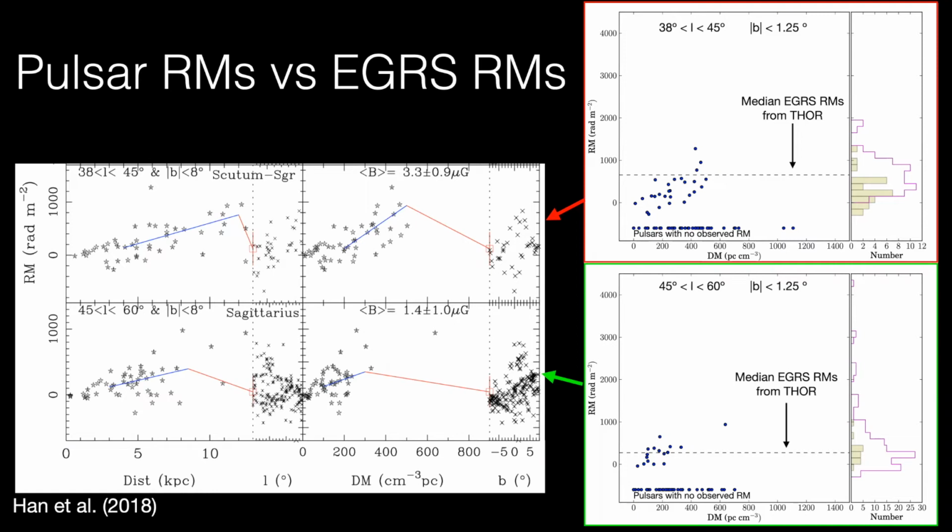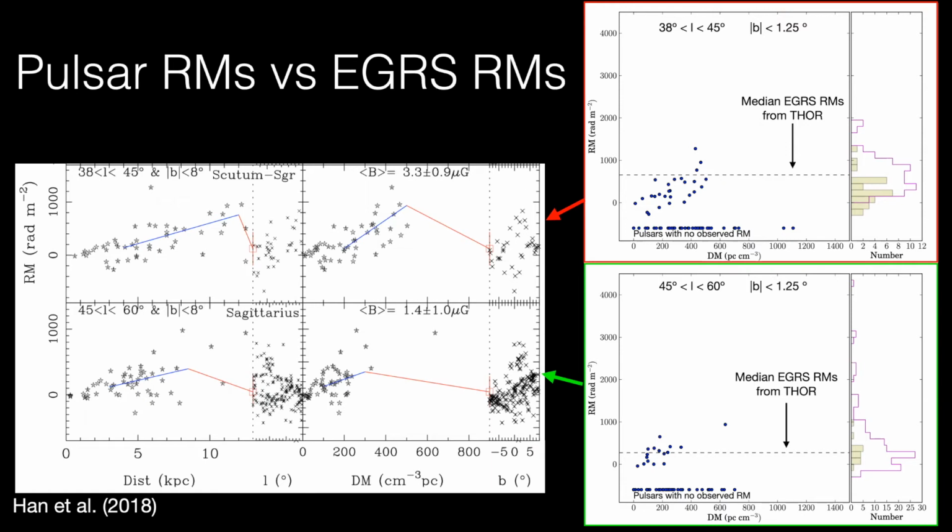The yellow histogram shows the distribution of the pulsar rotation measures, and the purple histogram is a rotation measure distribution for extragalactic radio sources from Thor, with the black dashed line indicating the median rotation measure.